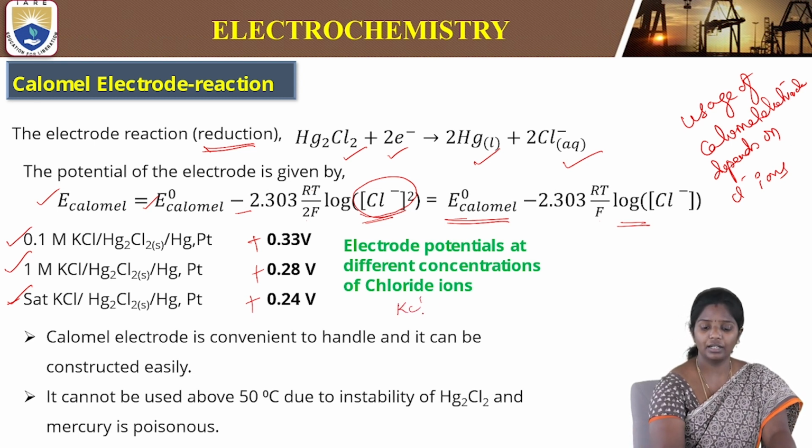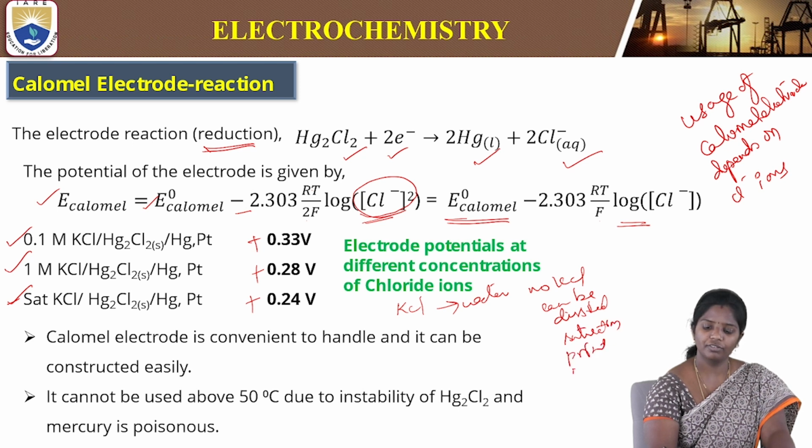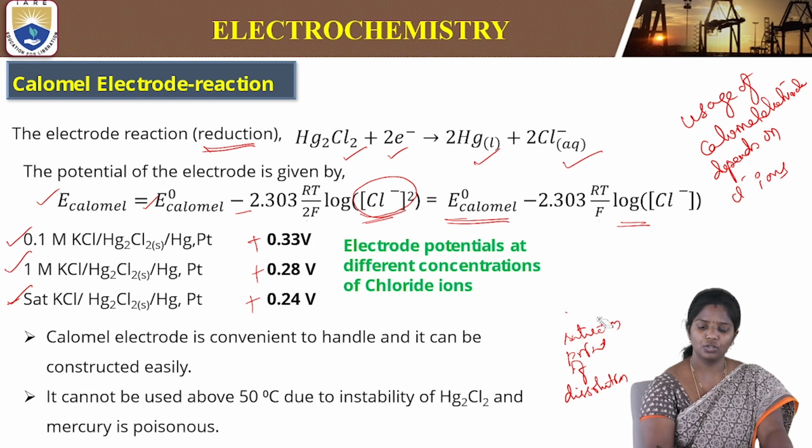KCl is added to the water until no KCl can be dissolved. That is called saturated. It reaches a saturation point of dissolution. So that forms a saturated KCl solution.